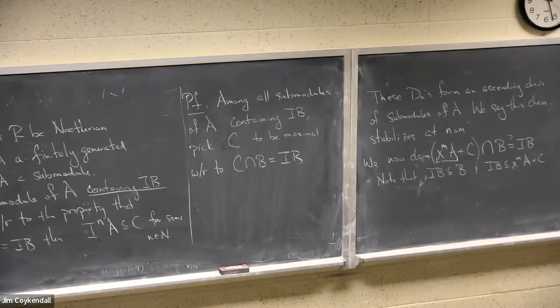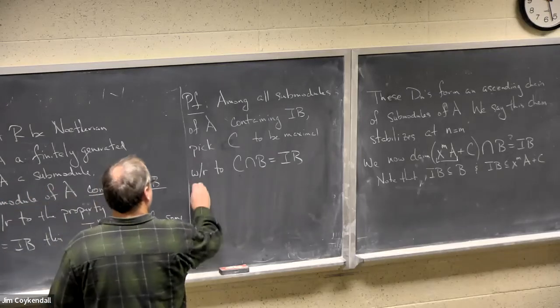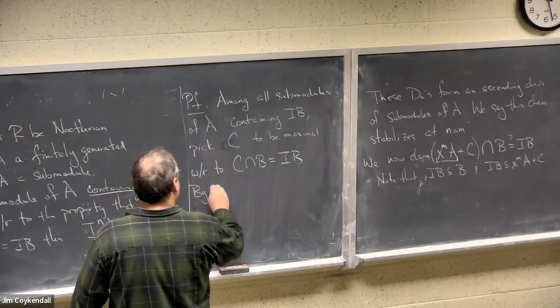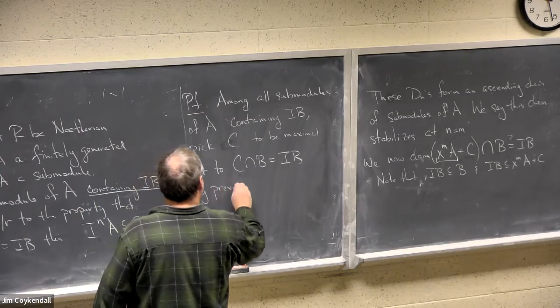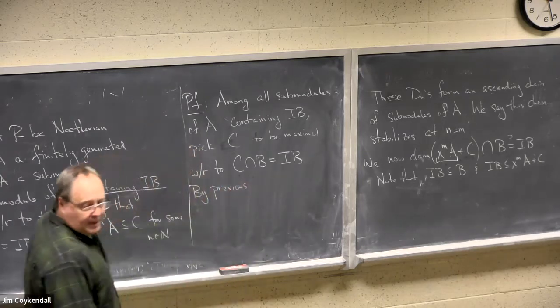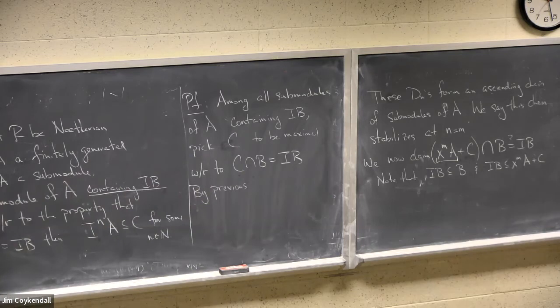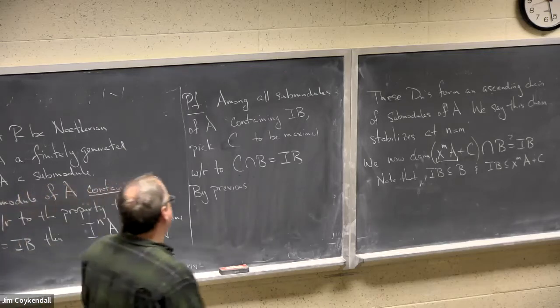So such a C exists, and you don't have to throw the axiom of choice at it if you don't want to. Our previous result, we have that I^M A is in C.